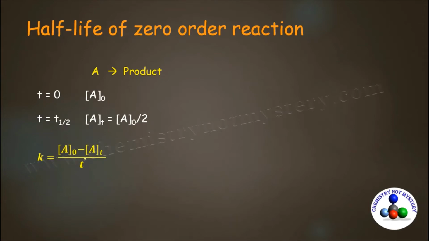That is k is equal to A0 minus At over t. We have the value At is equal to A0 over 2 and t is equal to t half. So you will get the equation k is equal to A0 minus A0 over 2 divided by t half.